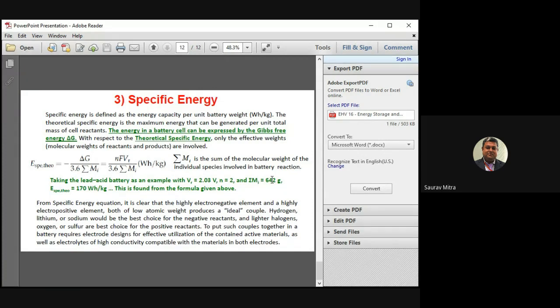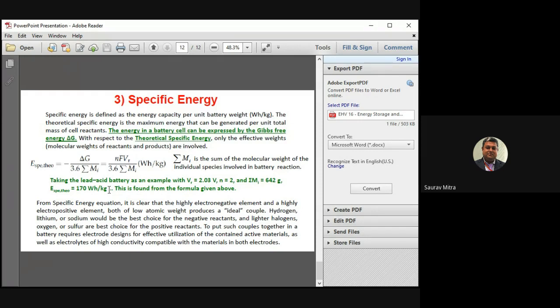That means these are the reactants, this much is the reactants you have put in the battery, 642 gram. You know the value of F, you know the value of n, you know the value of Mi, 642. Put all these things together and calculate that E-sp-theo is 170 watt-hour per kg. This is found from the formula given above. E-sp-theo is 170 watt-hour per kg.